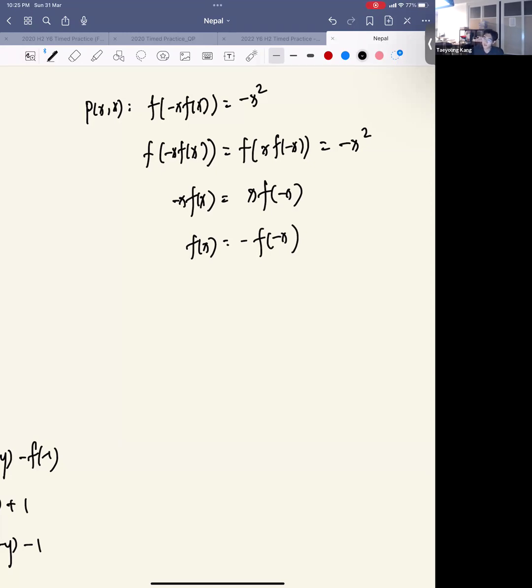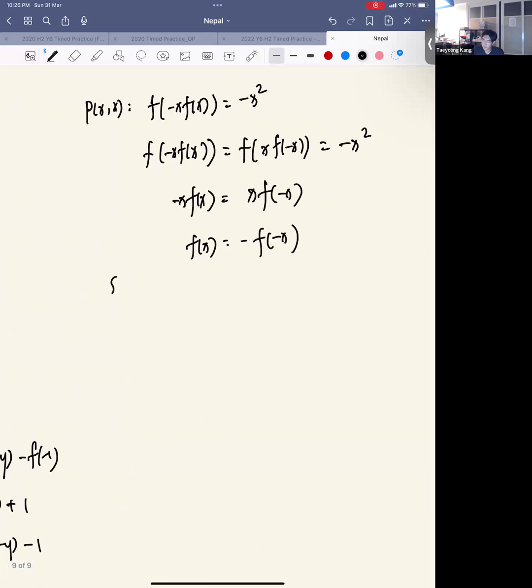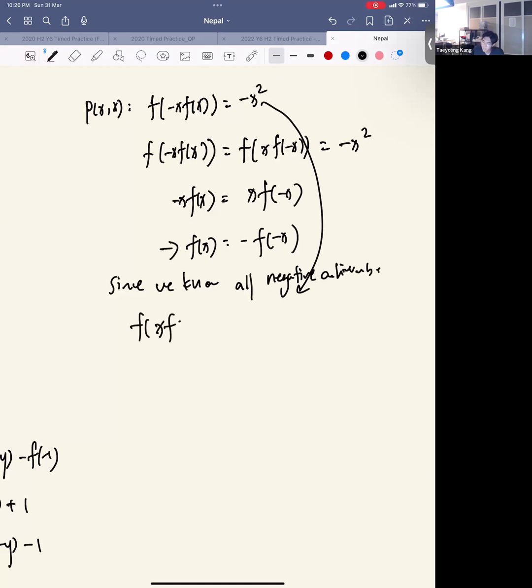So f(x) equals -f(-x). But then since we know all negative reals are achievable, and we know this condition, it means that f(x f(x)) is equal to x squared, right?